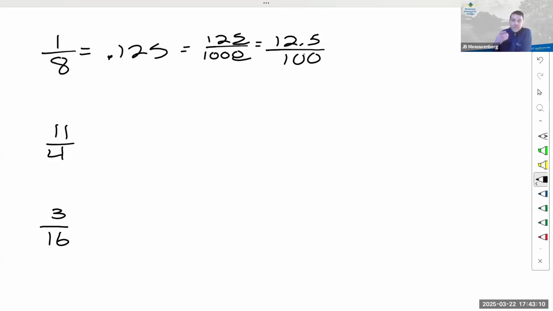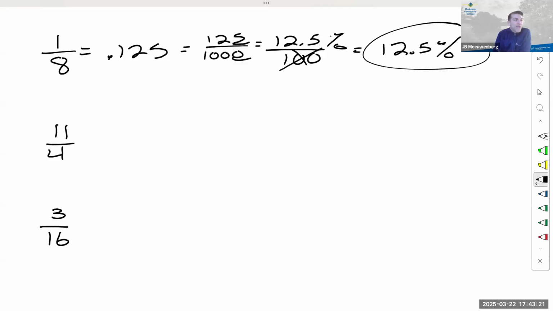Our whole goal is to always put it out of 100 because that's the meaning of percent. We cross off our 100, add a percent sign, 12.5%. 1/8 is 12.5%. That's another one that I would just recommend that you know. It is such a common fraction that you should know it.